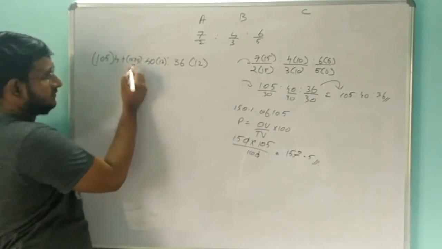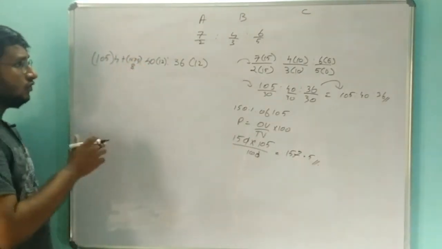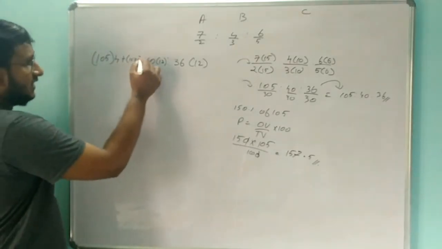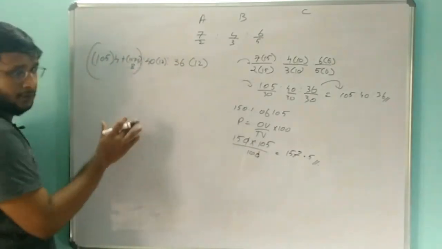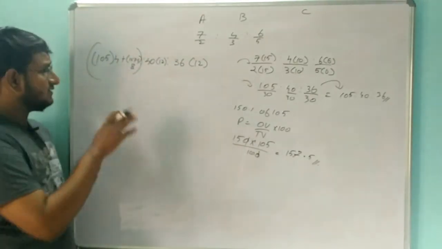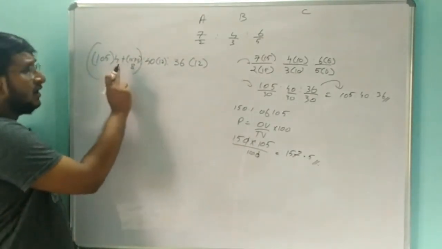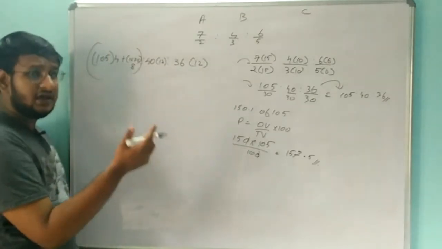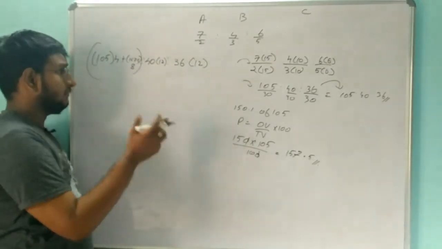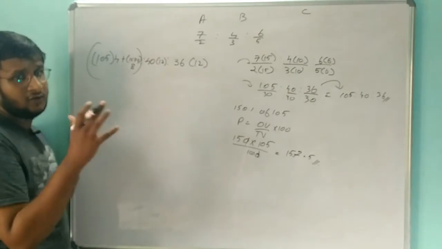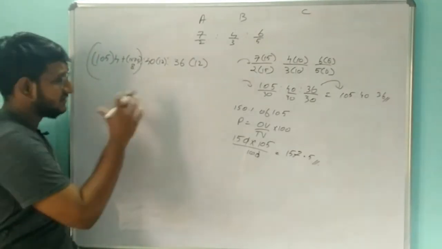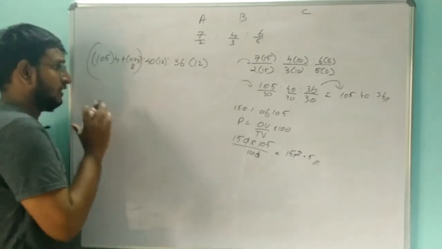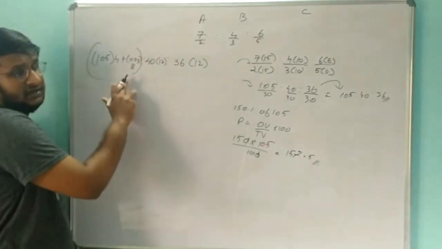So we have to divide the first person's share in this format, because in the first 4 months his share was 105. For the rest of the year, that is 8 months, his share was 157.5, so into 8.